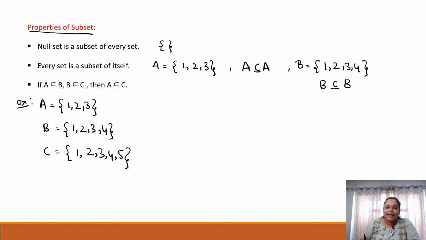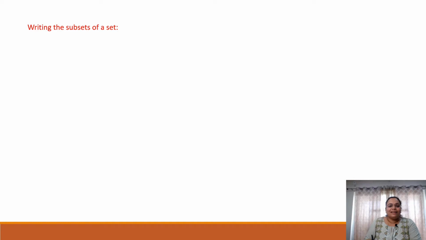If you see, all the elements in A are also elements of B, so we can say A is a subset of B. And all the elements of B are also elements of C, so B is a subset of C. Then we can say that A is also a subset of C, because all the elements in A are also elements of C.